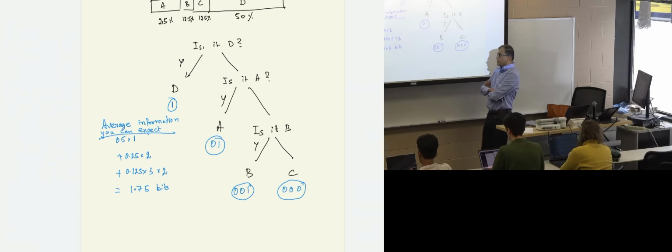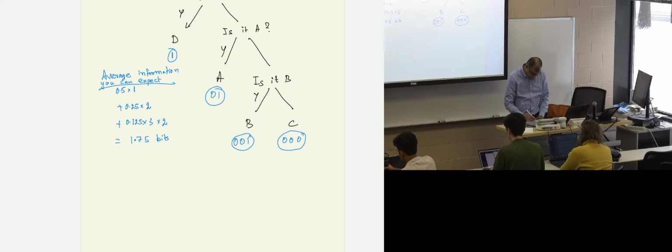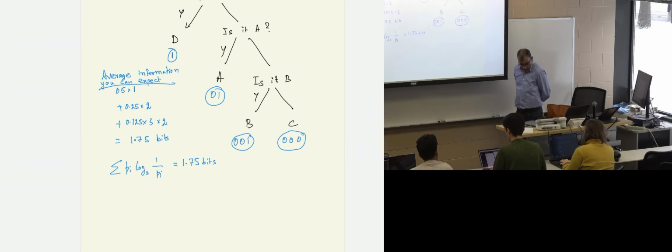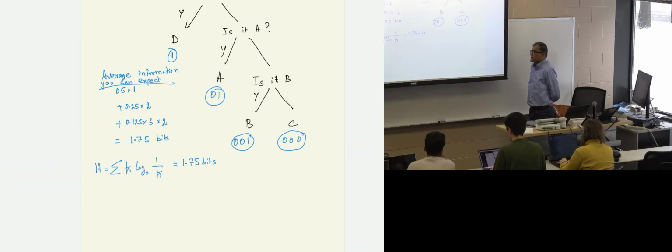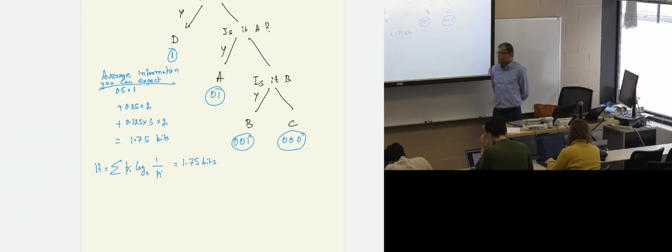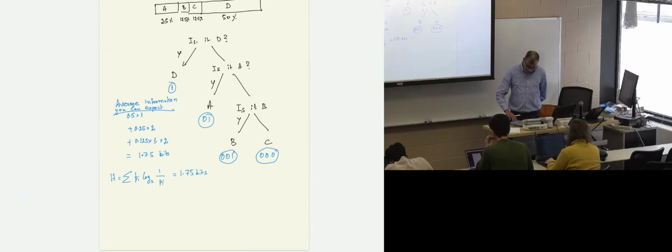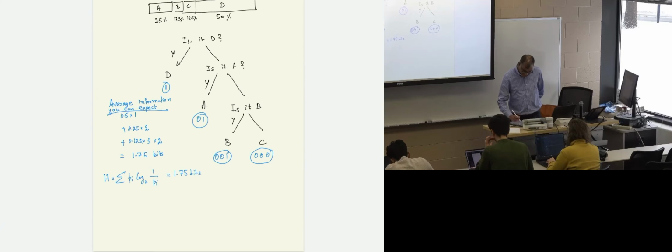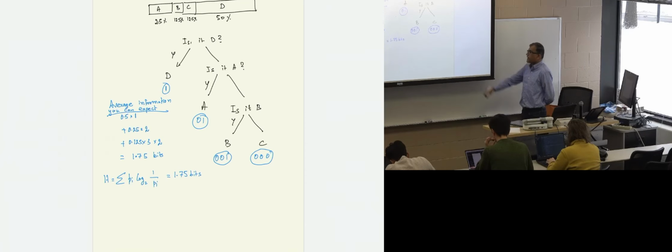And if you compute the entropy of this distribution, if you do summation of pi log 2, 1 over pi, you will also get 1.75 bits. So this is H, the entropy, right? So the entropy is the average amount of information you expect. And as I said, in this case, it's optimal because these things match up.